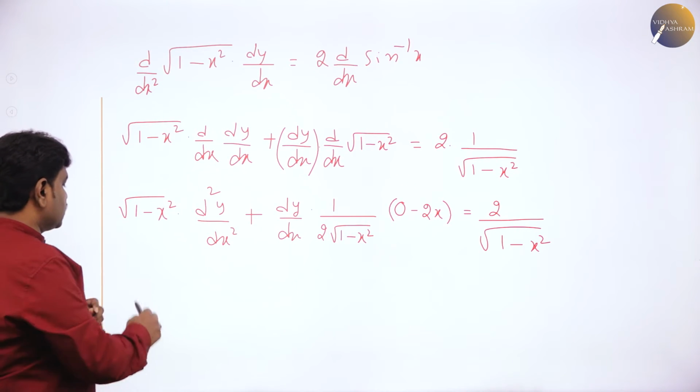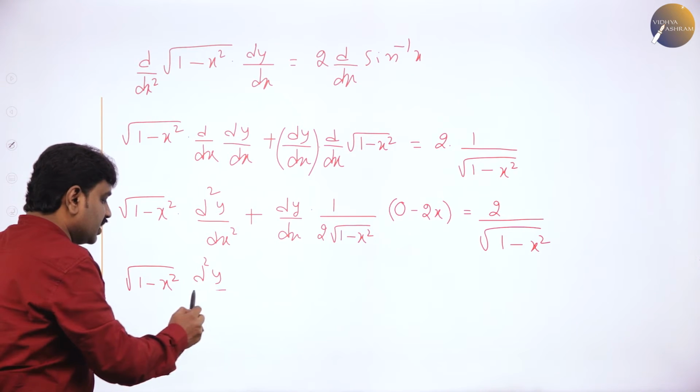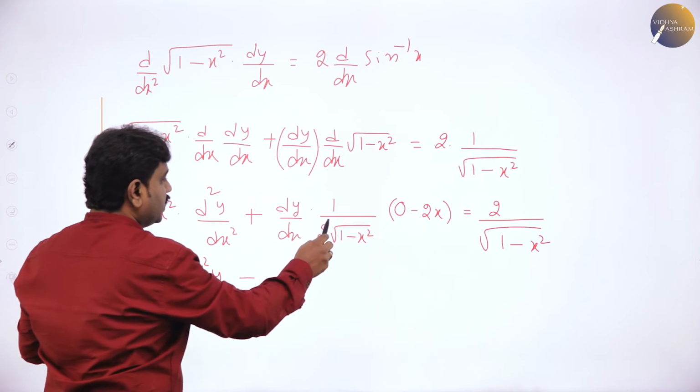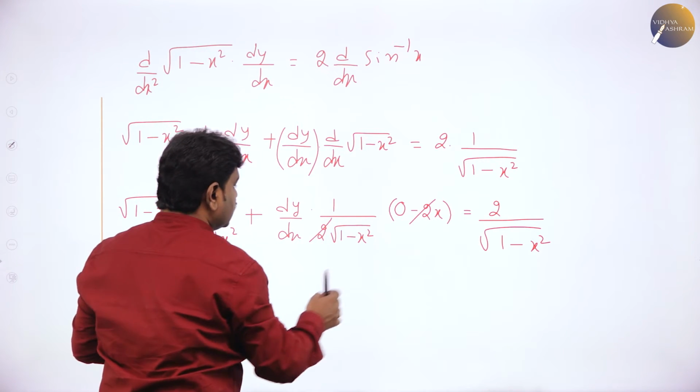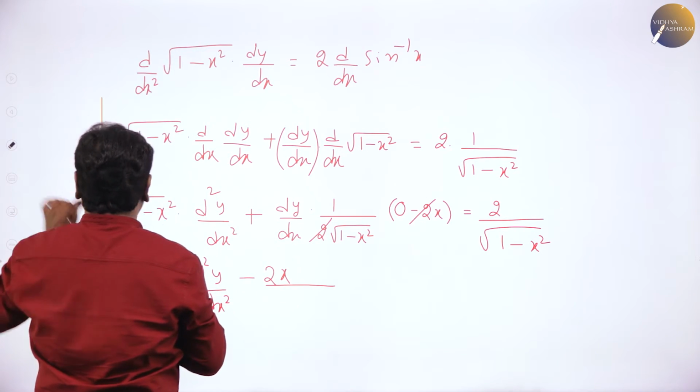Further simplify this. So you'll have root of 1 minus x square into d squared y by dx squared, plus, into minus is minus, and 2 cancels. We'll be having 2 minus 2x divided, sorry, 2 is cancelled.